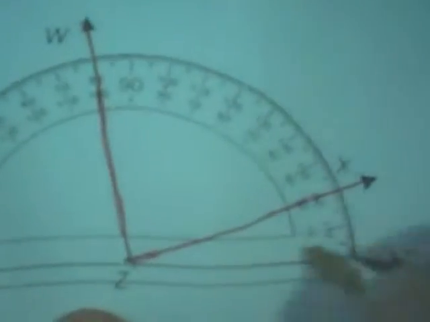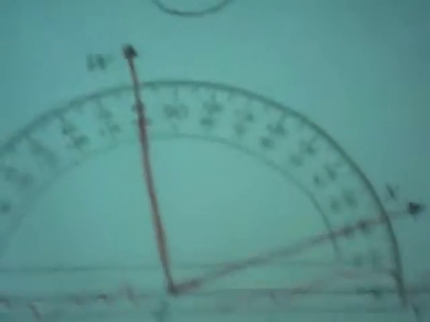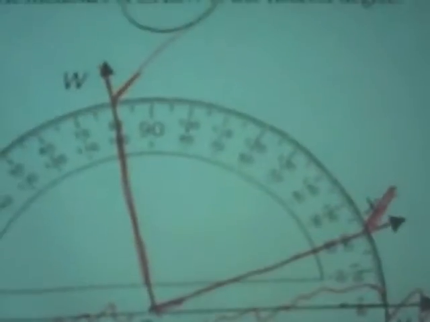So I go over to X, trace it, X to Z to W. Mark out that one and that one. Boom. Look at the angle. There to there is what I'm looking for.